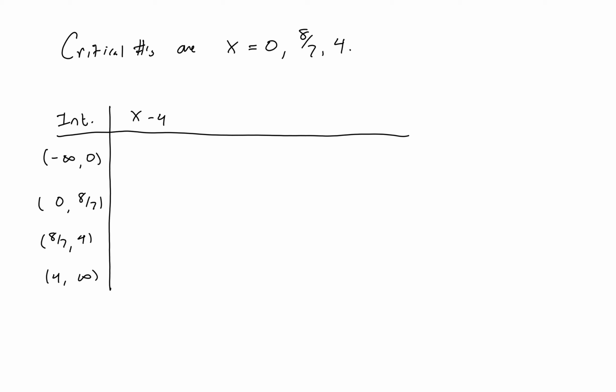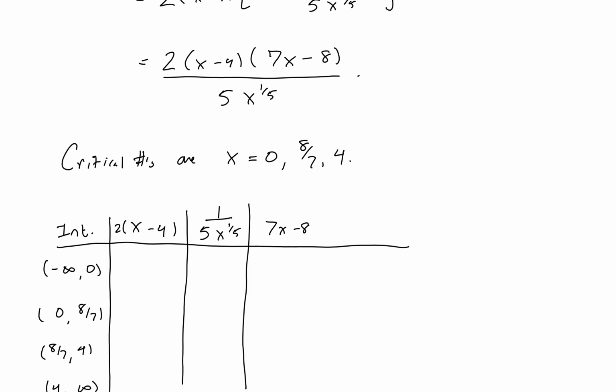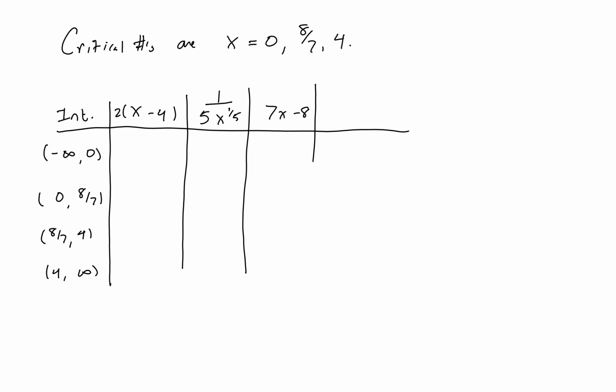And then we have our x minus 4 term. I guess we make it 2 times (x minus 4). We have 1 over, let's say, 5x to the 1/5. And then we have 7x minus 8. So notice we're getting all of our terms here. And then we have our f prime, and then f.